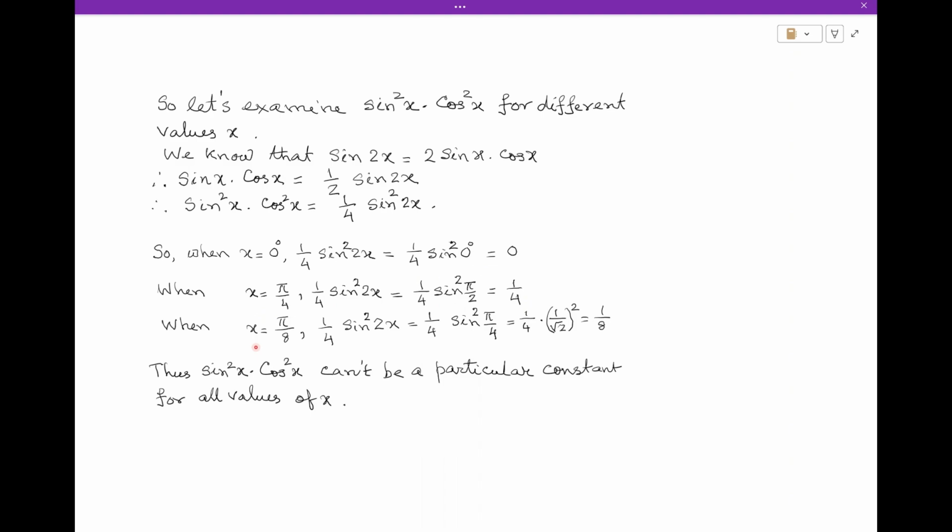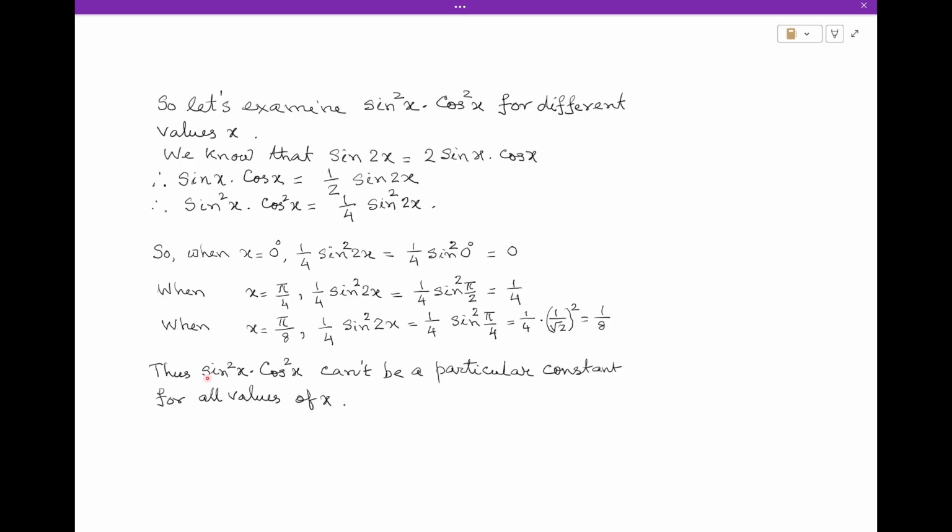When x is equal to pi by 8, we get 1 by 4 sin square 2x is equal to 1 by 4 sin square pi by 4 is equal to 1 by 4 multiplied by 1 by square root of 2 whole squared, and that is equal to 1 by 8.